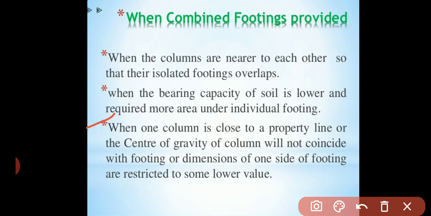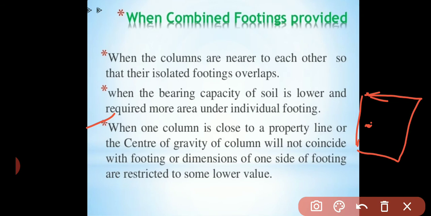So I will explain the third point also. Suppose this is your plot. In this case, one of the columns is very near to the plot boundary, suppose this is the center of the column.